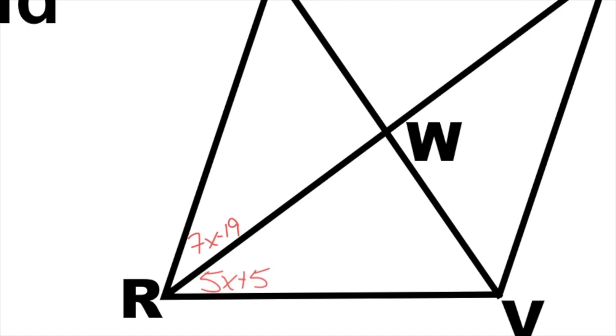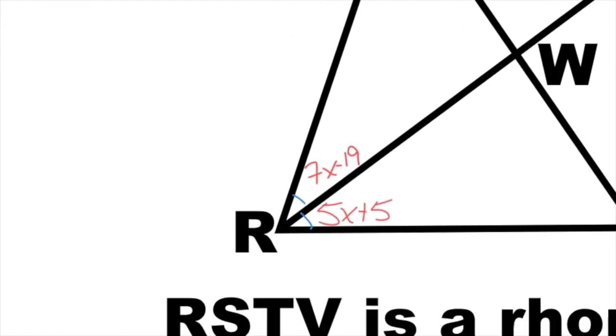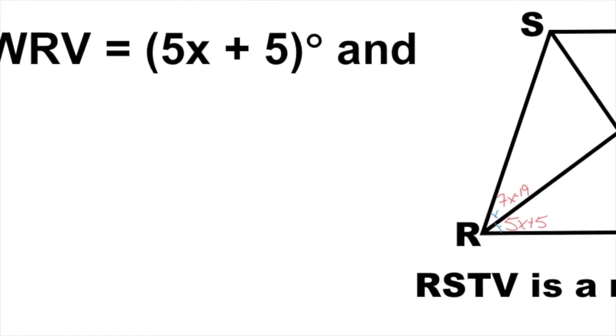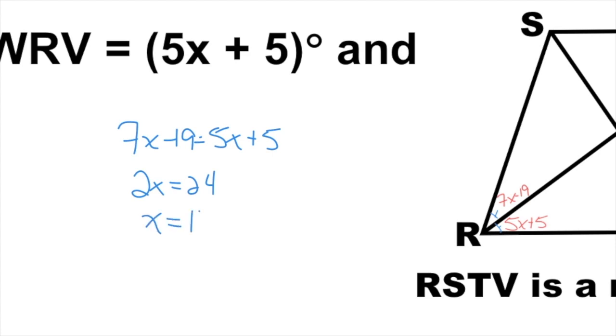Now, I know from our rules that these two angles are congruent, which means the expressions are equal. So 7x minus 19 equals 5x plus 5. I'm going to subtract 5x from both sides and add 19 to both sides, and I get 2x equals 24, which makes my x value equal 12. Okay?